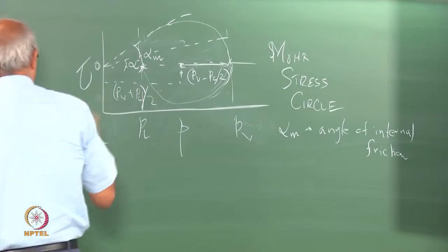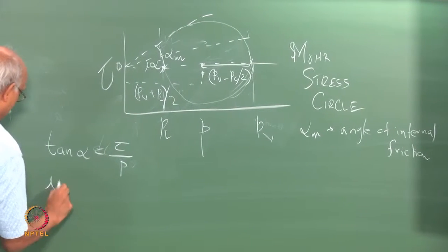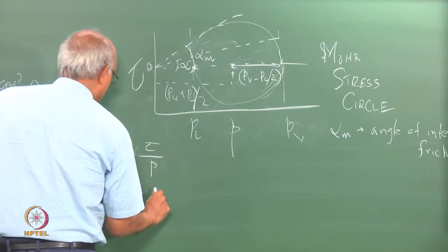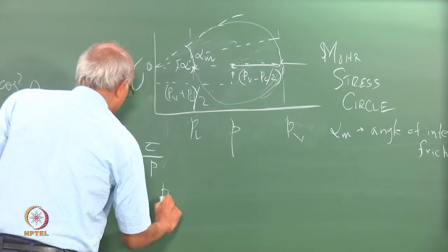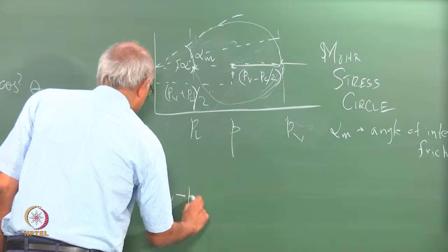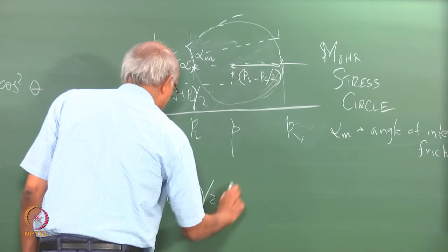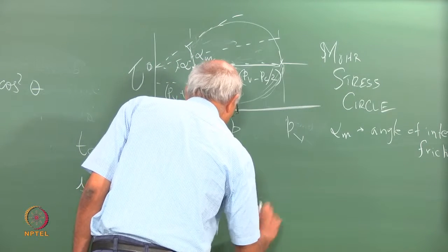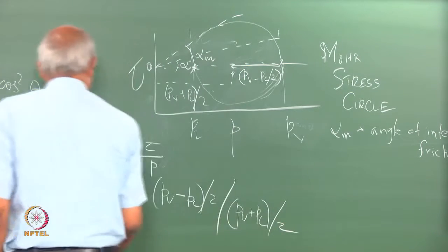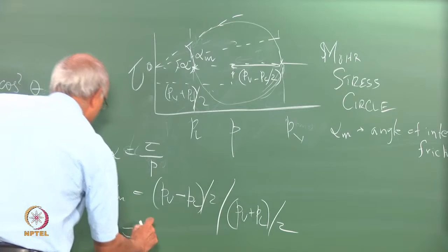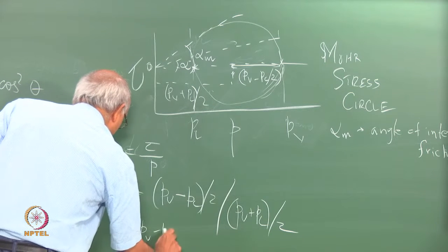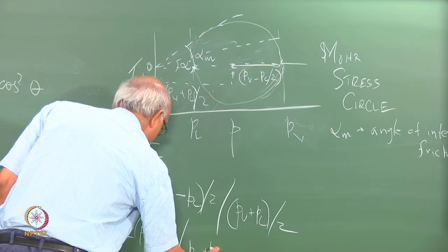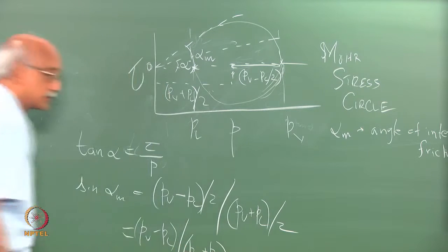And alpha m is such that sine of alpha m, from this triangle, is going to be equal to PV minus PL over 2 divided by PV plus PL over 2, or sine alpha m equals PV minus PL over PV plus PL, right.